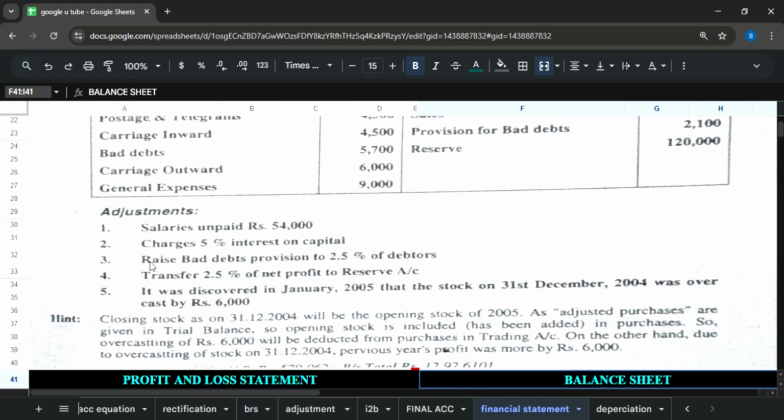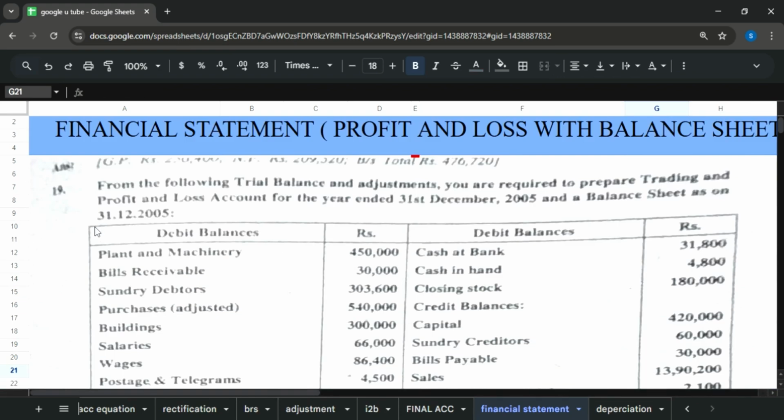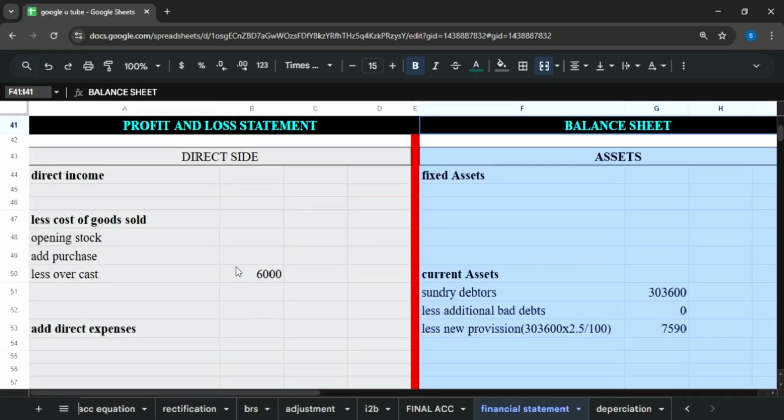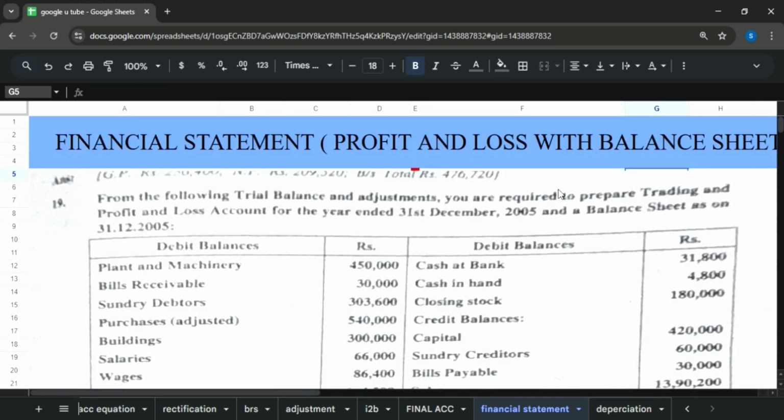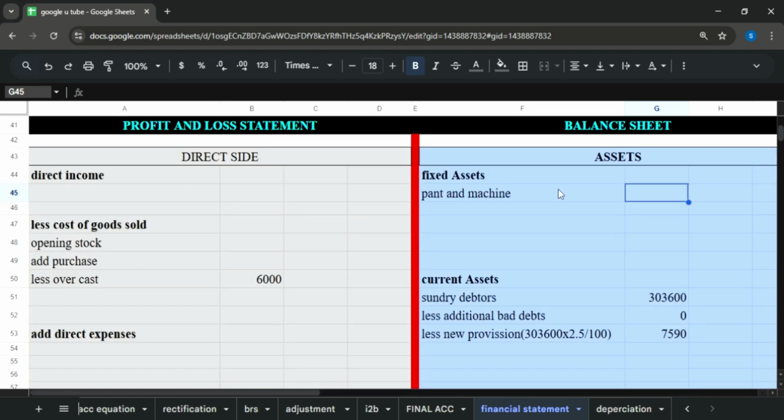All five adjustments are completed, and now we are free to write down the elements present in the trial balance. So step by step we will complete. First of all, plant and machinery. We will go to the fixed asset side, and here we will write plant and machinery, the amount of which is 450,000.